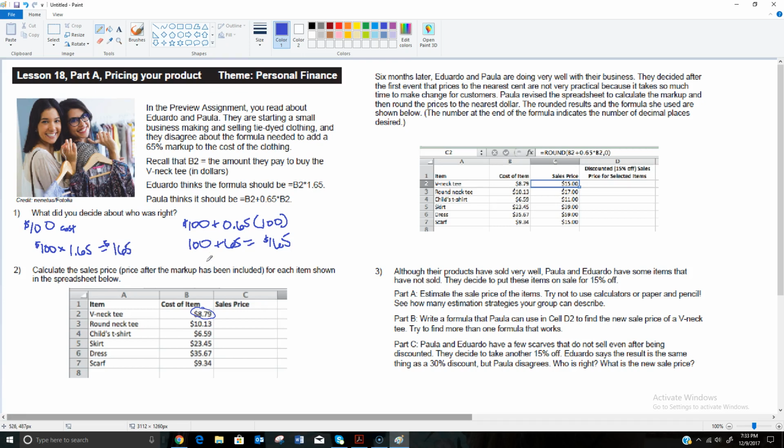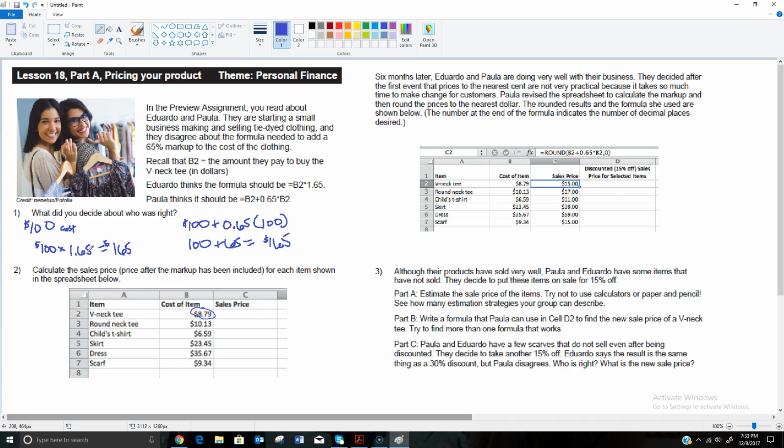And let me talk about the reasoning behind this. In this one, this is what most people typically do because it's kind of more logical. They say, well, if I'm going to add a 65% markup, let's figure out what 65% is and add it on. So you had $100. You're going to add on 65% of that $100. And so the original plus 65% of the original gets you 165. This one does it all in one step.